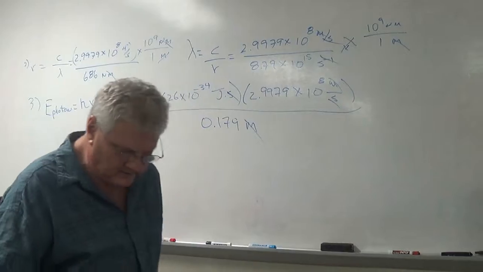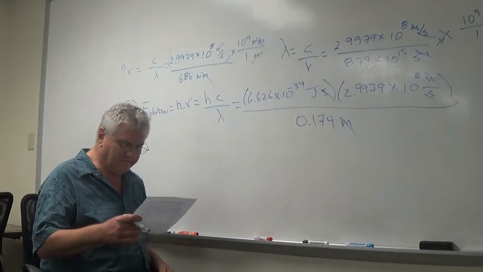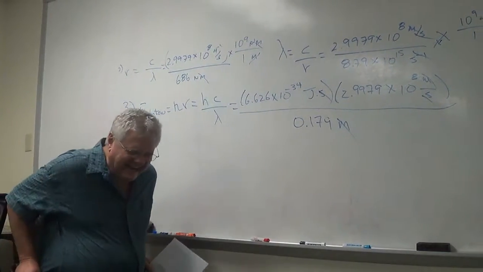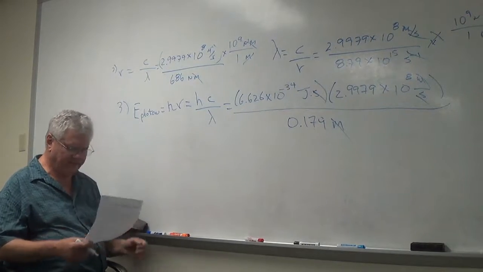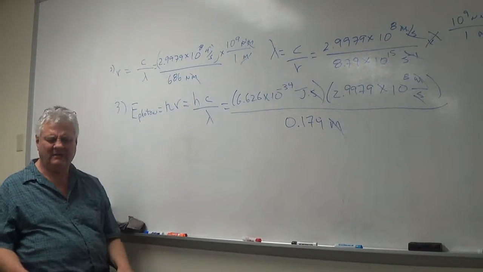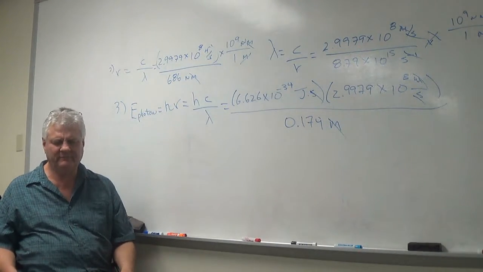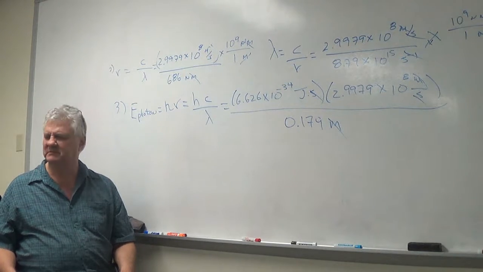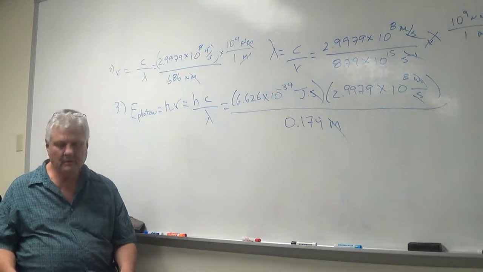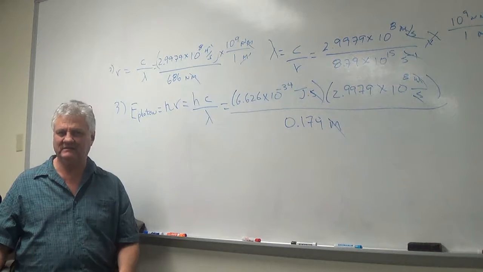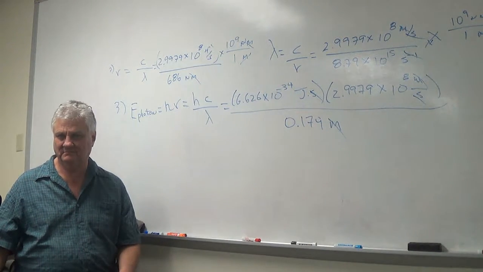Let's see here, what do we got next? Now the equation for the energy level of electrons in a hydrogen atom, I think we emphasized, is misleadingly simple. It's only hydrogen that has such a simple equation.